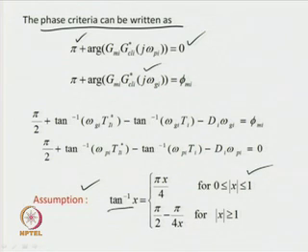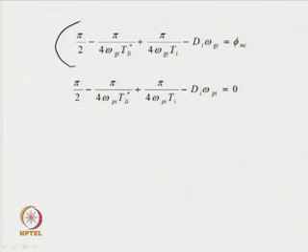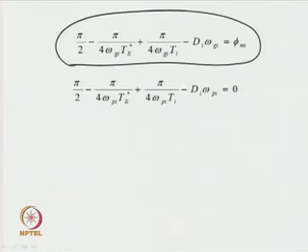Now, one can substitute the tan inverse function here, which will result in an expression of this form. So, the tan inverse functions are substituted, which results in the expression π/2 minus π/(4ω_gi T_i*) plus π/(4ω_gi T_i) minus d_i ω_gi equal to φ_mi.